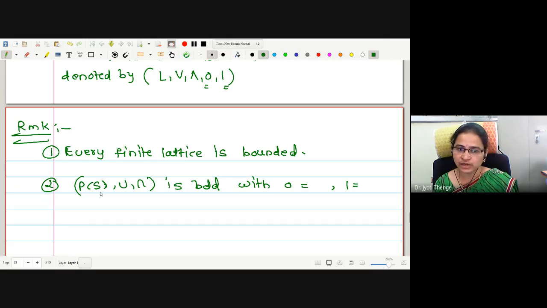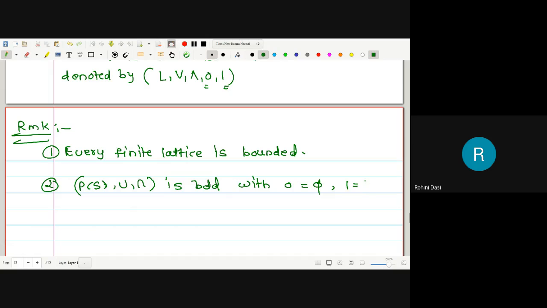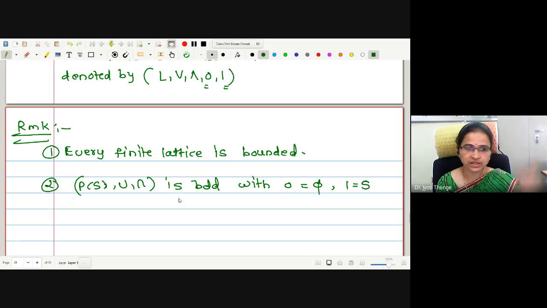What is that element? Phi. Good. And the greatest element is situated at the top, ABC. That is the set itself. Therefore 0 is phi, 1 is the set.